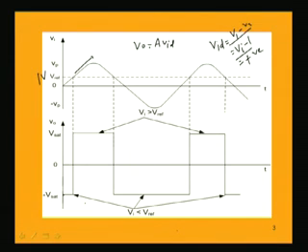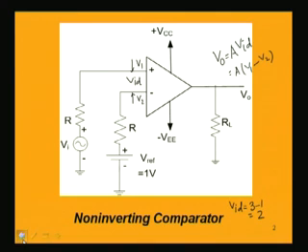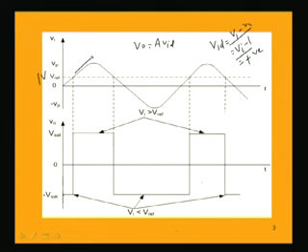Now, one thing to be noticed here is that it is a non-inverting comparator. We are connecting this signal at the positive terminal, and the width of the pulse is basically determined by the reference voltage, because we can change the pulse width, that is, the duration for which the output is positive and the duration for which it is negative, by choosing the level of the reference voltage.